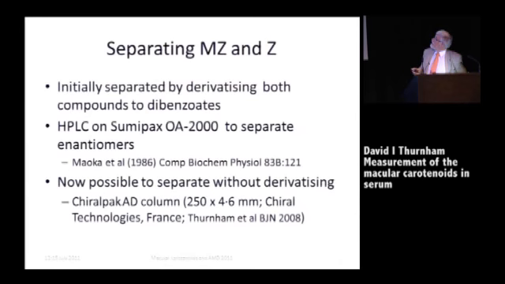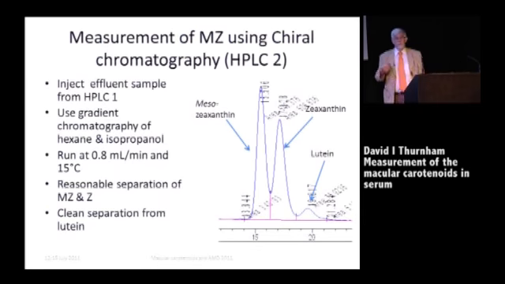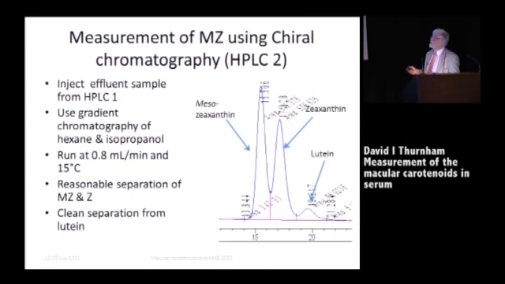So this is the separation we're currently getting. You see meso coming off first, followed by zeaxanthin. It's nicely separated from lutein. So although lutein invariably contaminates our sample, it is nicely separated, and so it doesn't interfere with the assay.